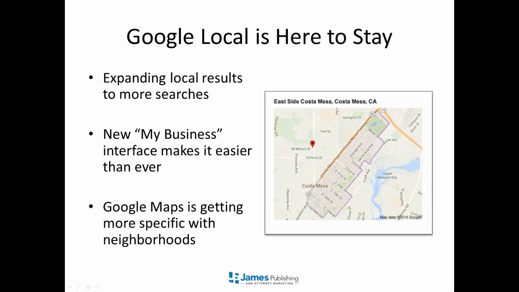The purple outline is usually used to surround cities and tell you what city you're looking at, but here it's telling you about a smaller neighborhood of the city. This is just an early indication of where Google Local is likely to move next. It's not something you need to worry about right now, but down the line, it's a good indication that Google Local is here to stay, and it's very much worth pursuing optimization in that and getting customers through that.